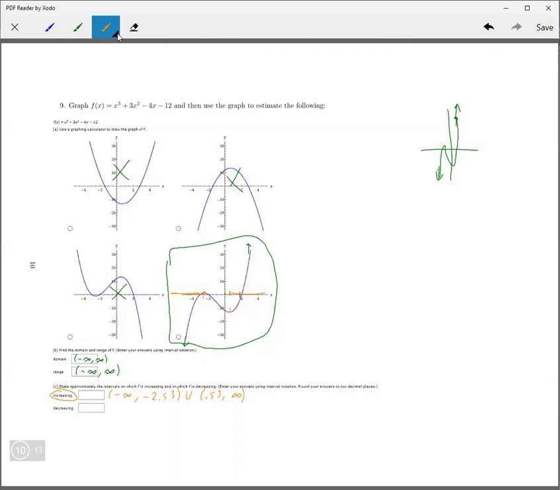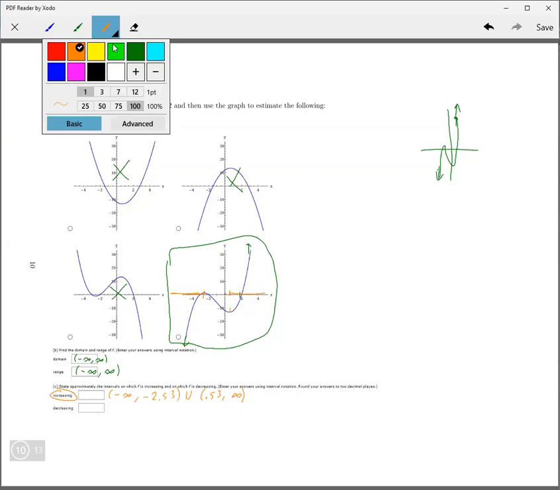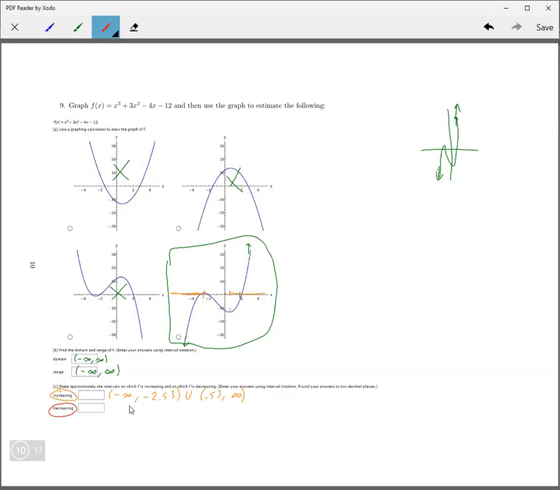Okay, and negative 2.53. In between, it was decreasing that little bit.